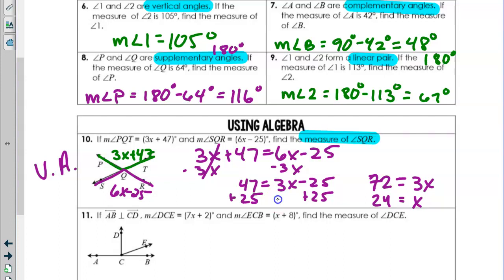So now what do I do? Good. And we know that SQR is 6x minus 25, so we're going to do 6 times 24 minus 25. And what will I get there? I heard something like that. That's 119.